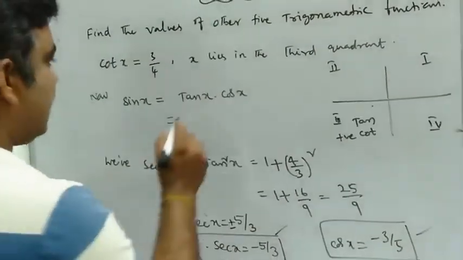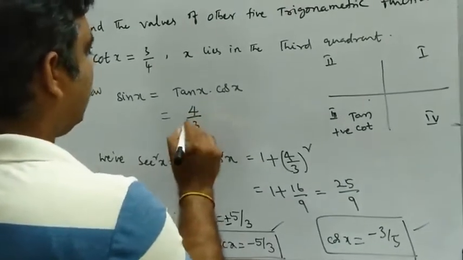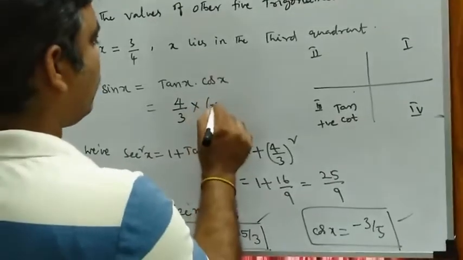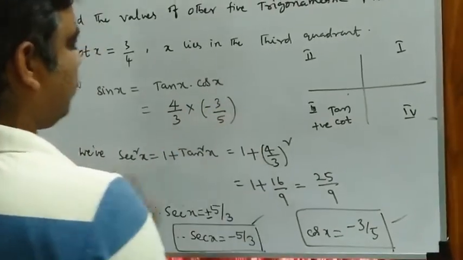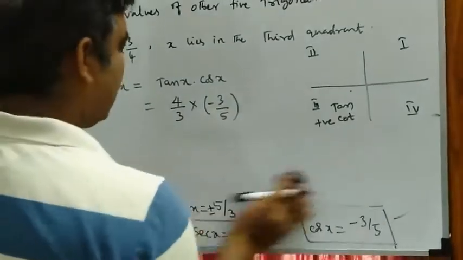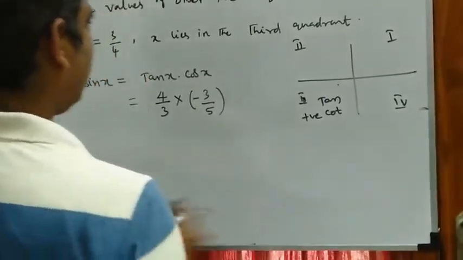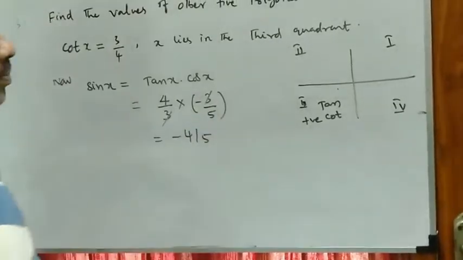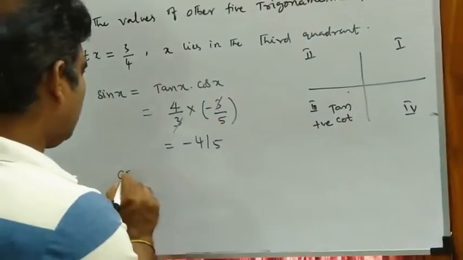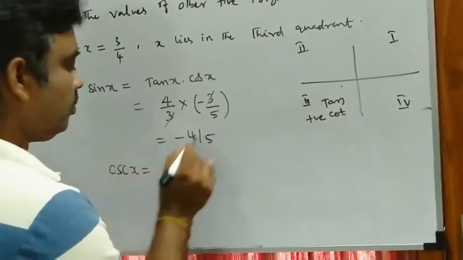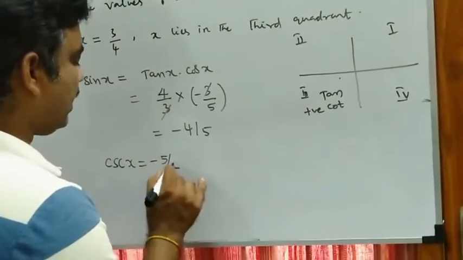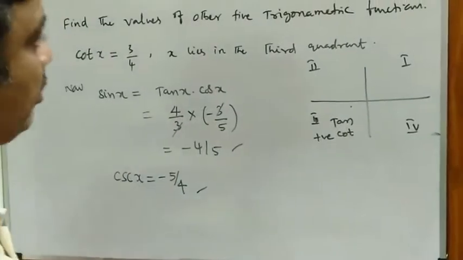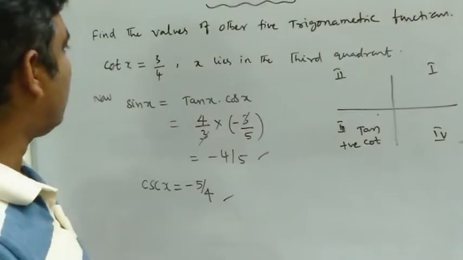So what is tan x? 4 by 3 into cos x. Cos x is equal to minus 3 by 5, so cancelling out 3, 3, we get minus 4 by 5. Then cosecant x is the reciprocal of this one, minus 5 by 4. So we reached all the 5 trigonometric function values for this problem.